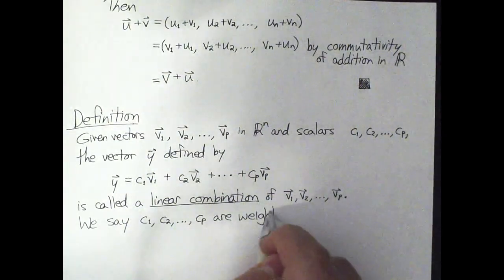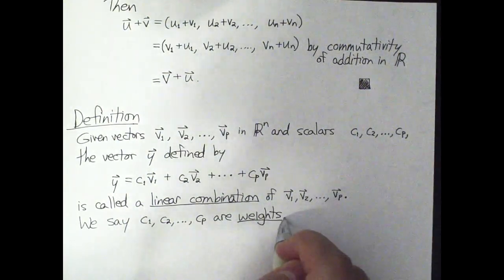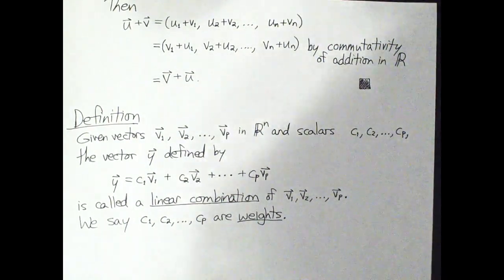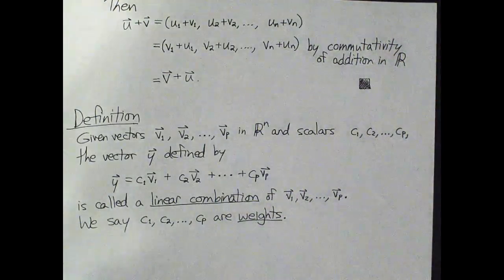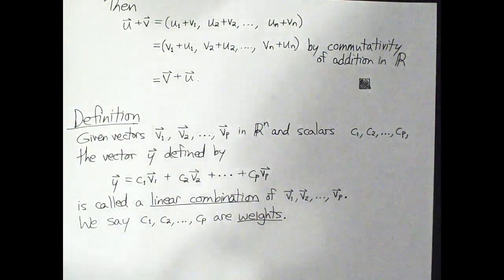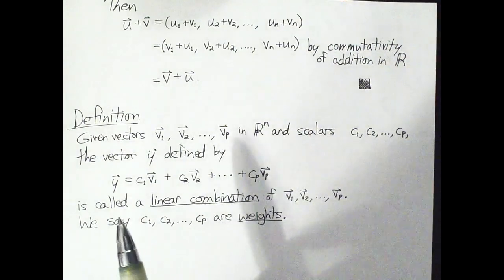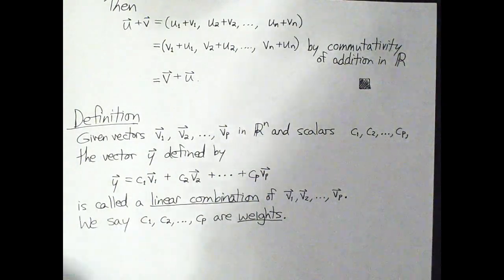We call them the weights. Now, it makes sense that we might call them the weights if you think about what it looks like to do a weighted average. I'm not even talking about vectors right now, but just in algebra. If you do a weighted average, you have things that you could call weights. So anyway, this is going to be an important definition for us.